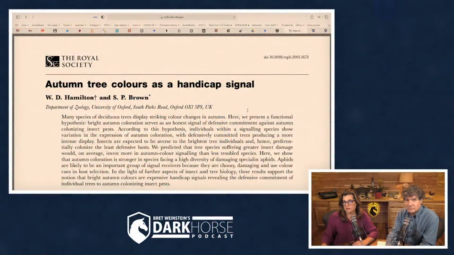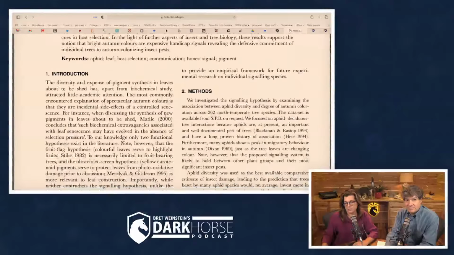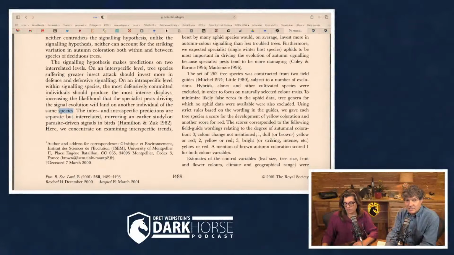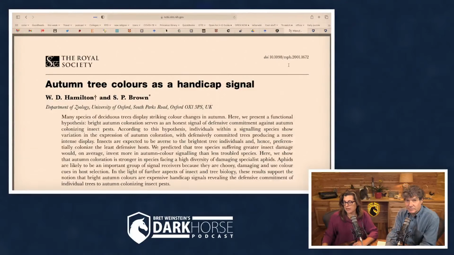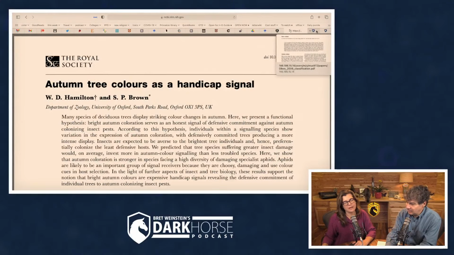So this is the one we were first thinking of. This is Hamilton and Brown. Bill W.D. Hamilton being one of the greats, from 2001, published in the Royal Society as a handicap signal, basically about signaling to would-be leaf predators that you're not the one to eat. They should move on. I think this is actually a terrible use of the term handicap, which is surprising coming from Hamilton.